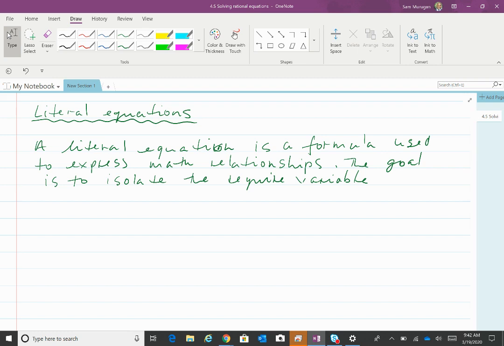So I'm going to look at a couple of examples here. First is: solve 1 over r minus 2 over s is equal to 2 over t for r.